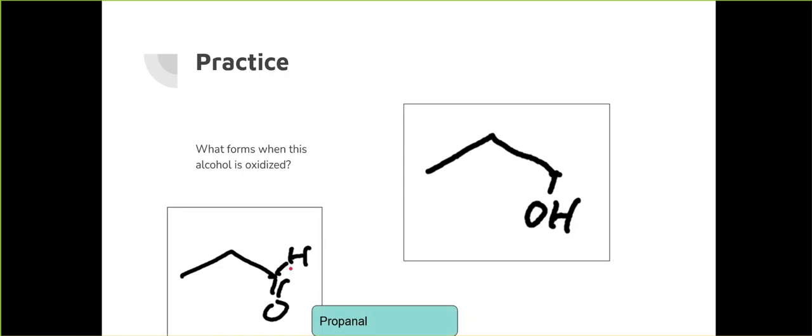So we're going to end up forming a double bond with this oxygen here, and so this is going to be an aldehyde, and we have propanal.